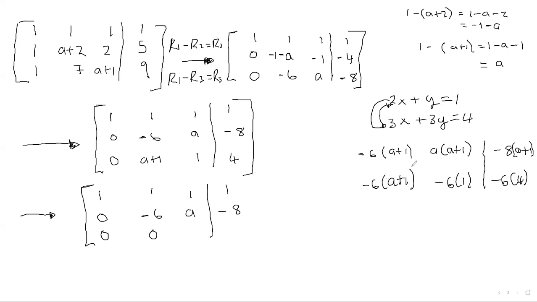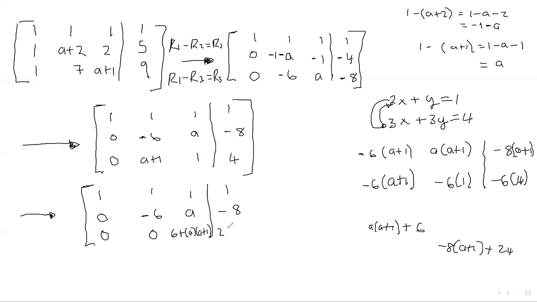This minus this, again, it's gonna be a plus 1 plus 6. So just 6 plus a plus 1. Then this one, minus 8 times a plus 1, minus minus, so it's going to be plus 24.